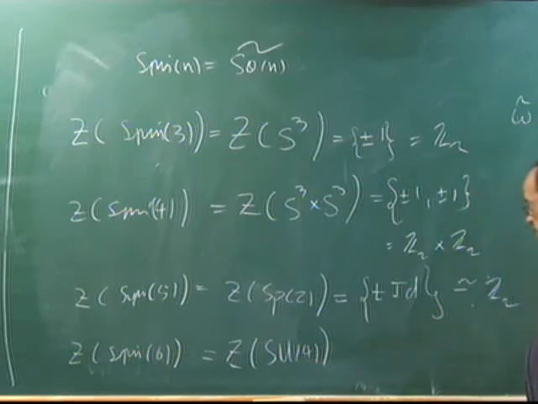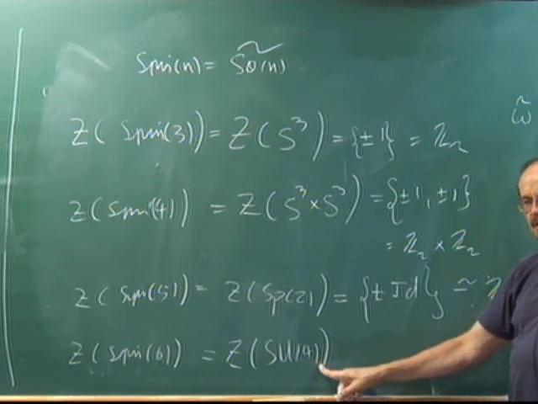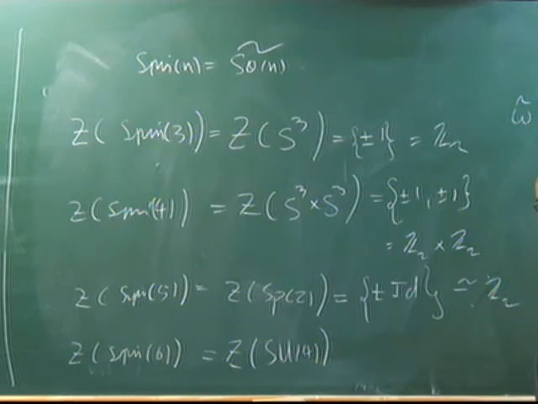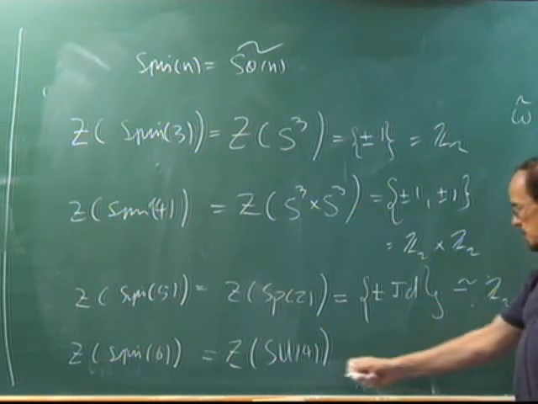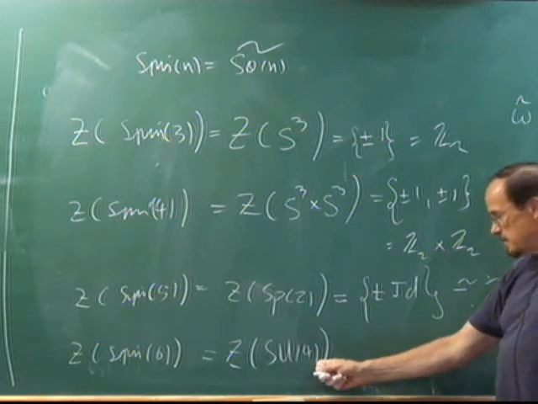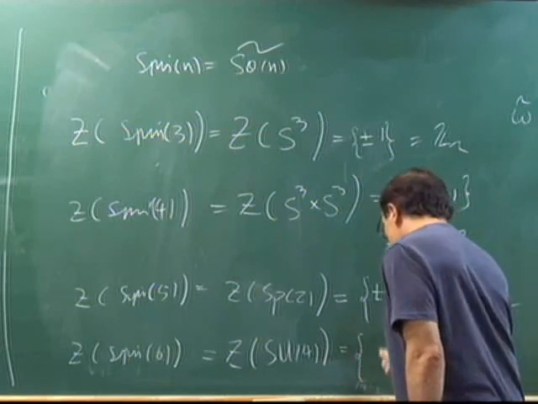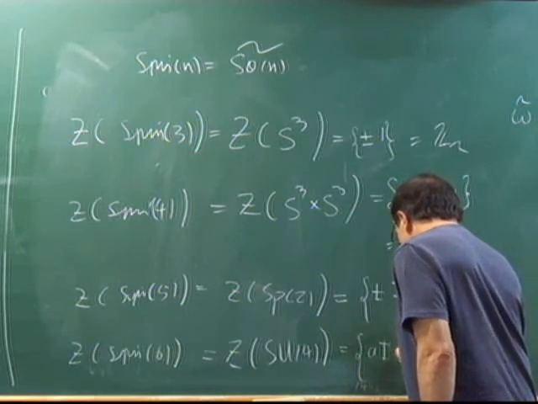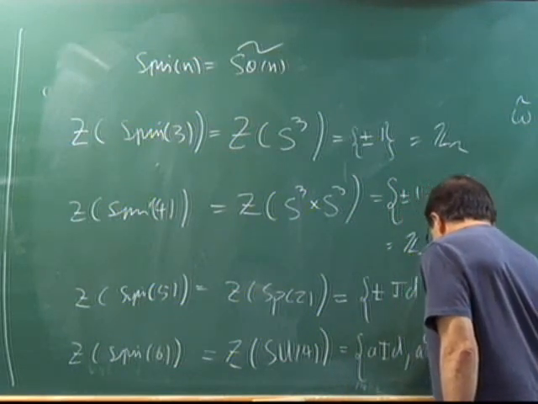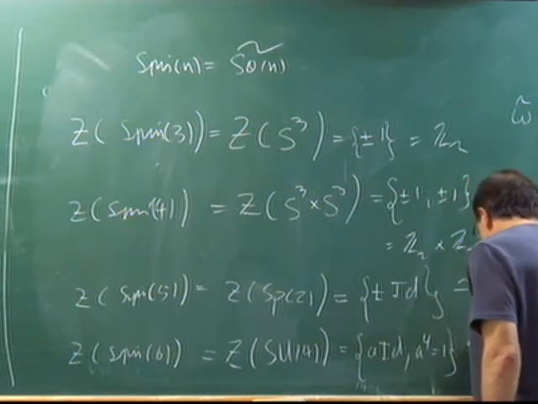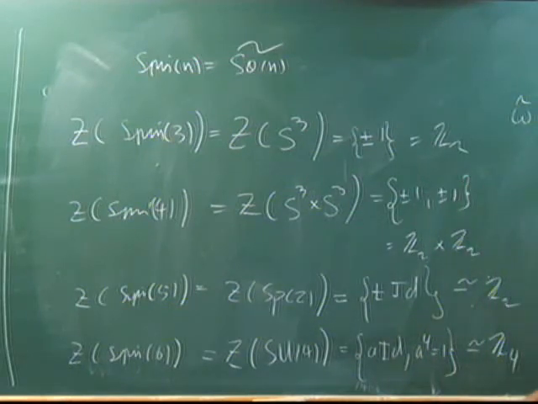That's diagonal matrices of determinant 1, so 4th roots of unity, A times identity with A to the fourth equal to 1. So that's isomorphic to Z4. So we have Z2, Z2 cross Z2, Z2, Z4.